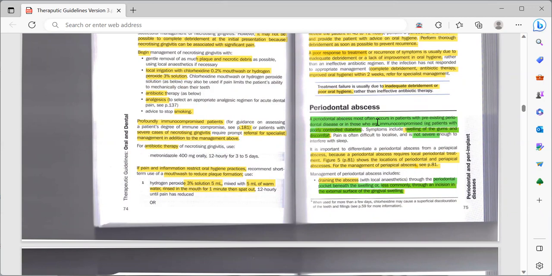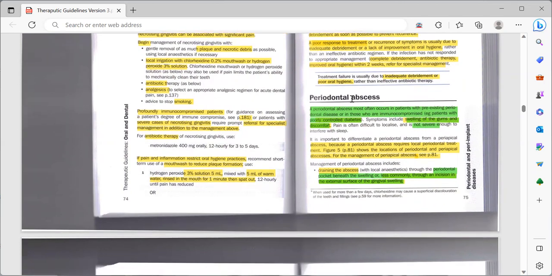And these abscesses generally happen in a patient who already has a pre-existing periodontal disease, or the other case could be that he is immunocompromised, which may be because he has poorly controlled diabetes.